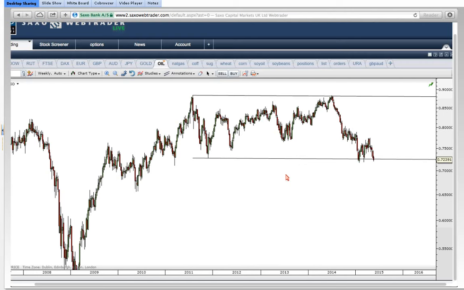If it breaks down, it may hit and form a channel here. Frankly, I don't really try to channel anything before I look into it very carefully, because some markets don't work with channels.